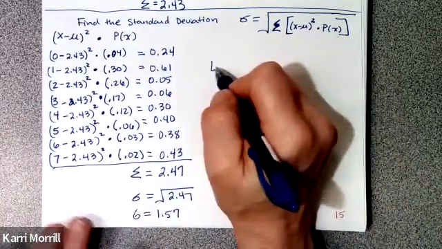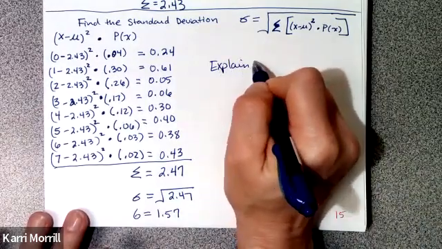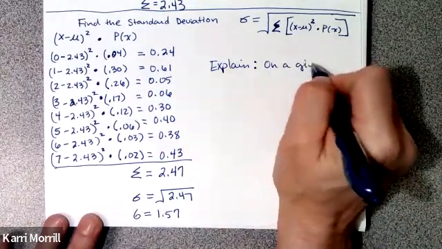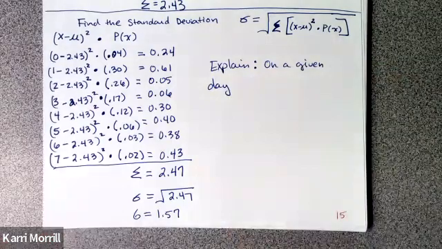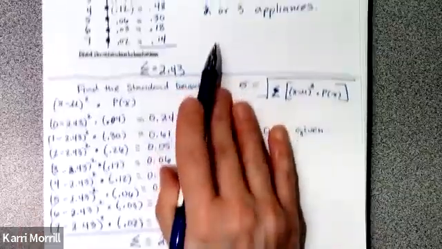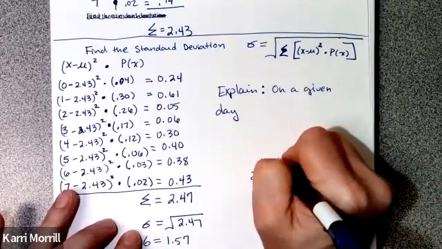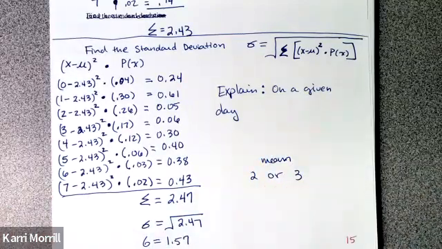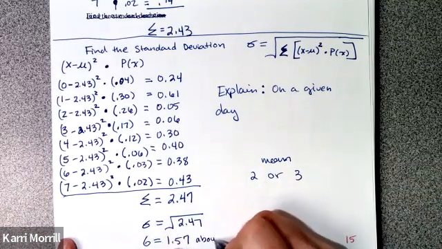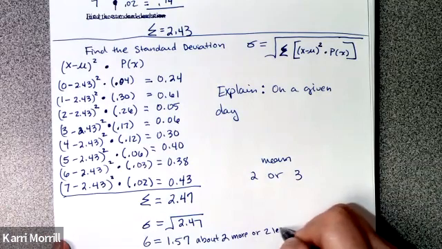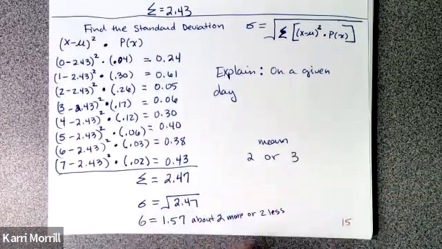So if we were to explain this, we'd say on a given day, well, let's go back. If this deviates from the mean, if I said before up here that I could sell 2 or 3 appliances, this is my mean. If I'm saying 1.5, I would probably round that up to about 2. So that means 2 more or 2 less than what we're saying our mean is.